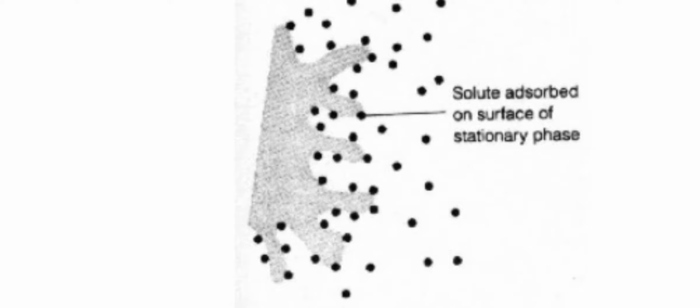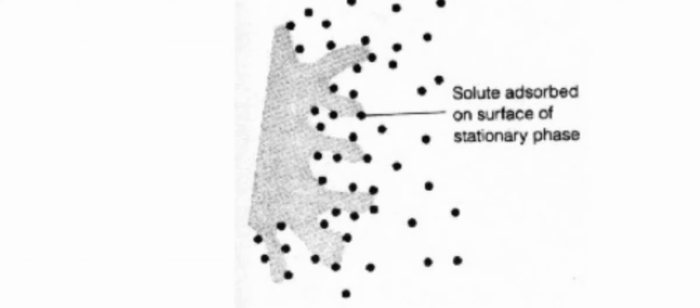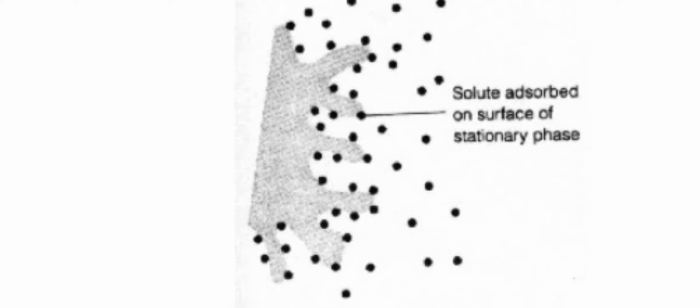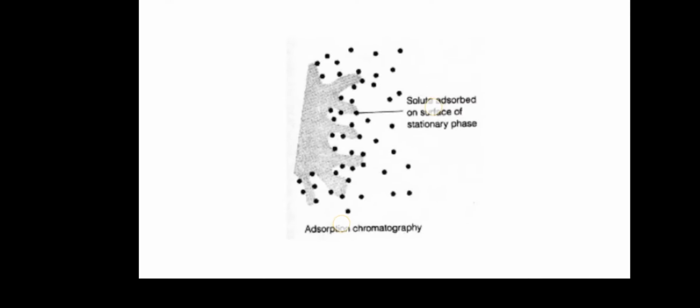Some are traveling just here at the initiation of the stationary phase, some are traveling below the stationary phase, and they are adhering to, not absorbing into, the stationary phase. They are just adhering to the surface. And this figure depicts the surface phenomenon, that is adsorption. Solute adsorbed on the surface of stationary phase.